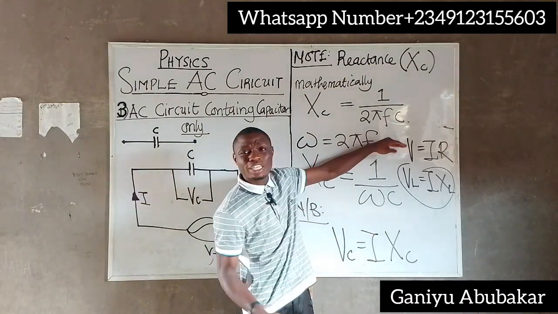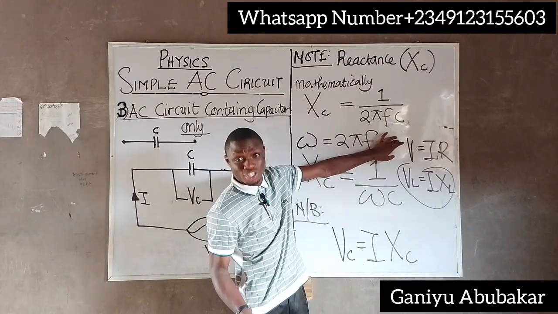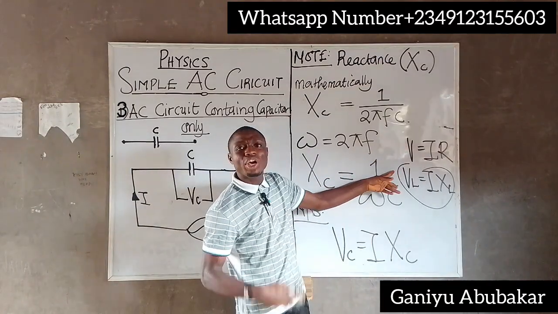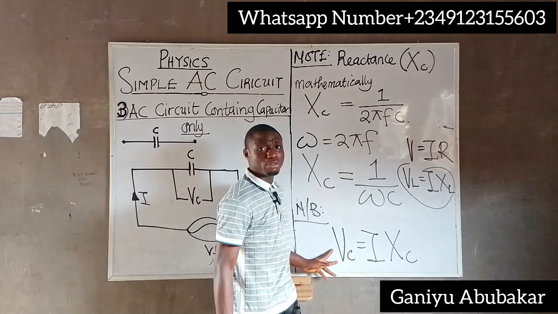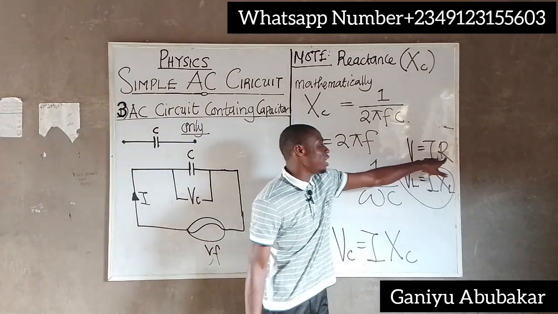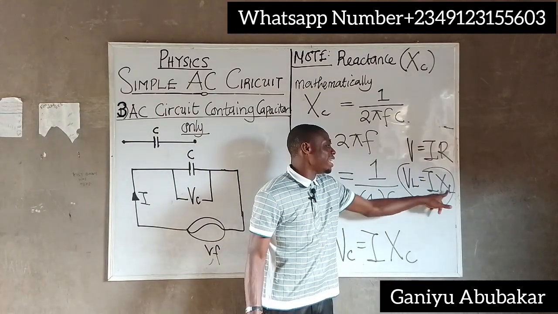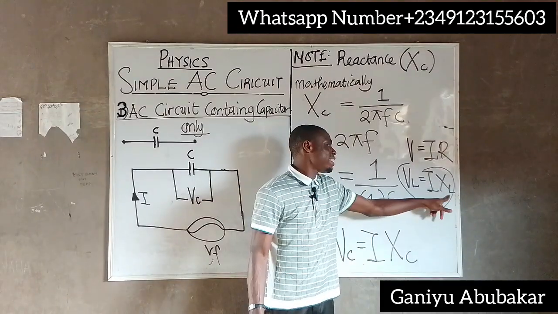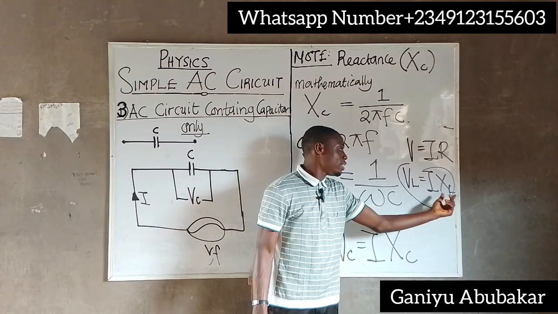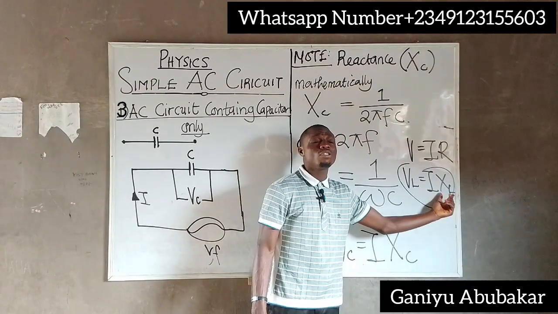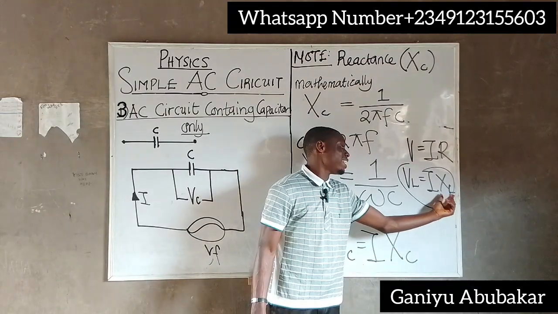This is Ohm's law originally in terms of resistor. This is Ohm's law in terms of inductor. This is Ohm's law in terms of capacitor. So the R here is resistor, the XL is called reactance. It's simply the opposition to the flow of current in an inductor.